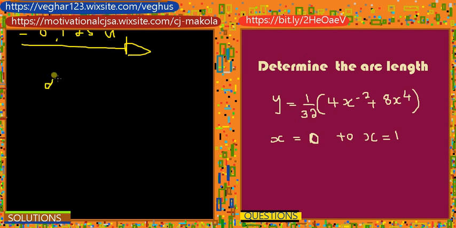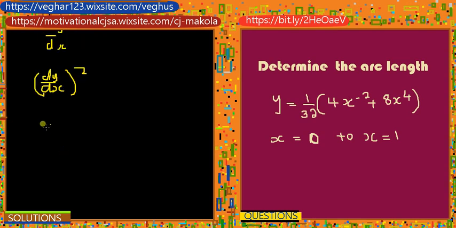First of all, you derive. And then after deriving it, you simplify it as far as you can. And then the next thing, you square it. And when you have squared it, simplify it as far as you can. And then add 1.